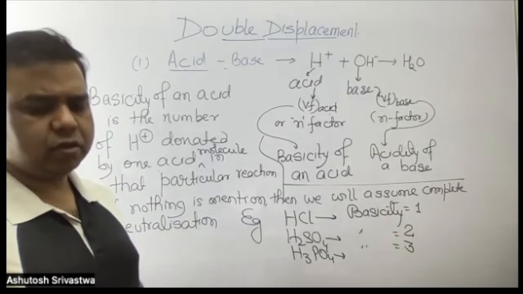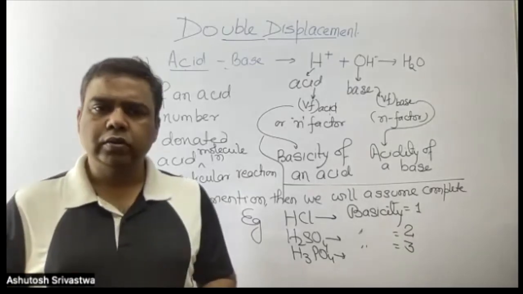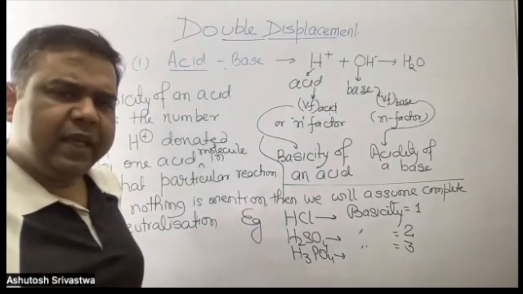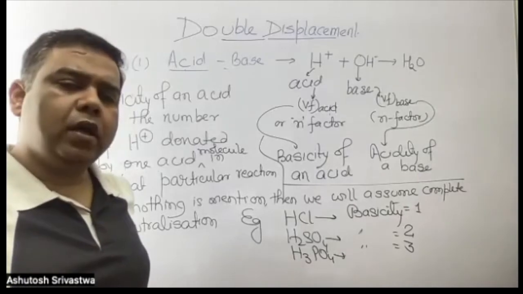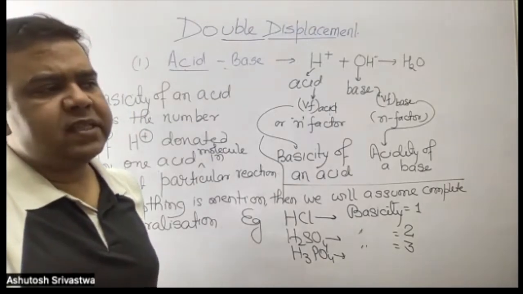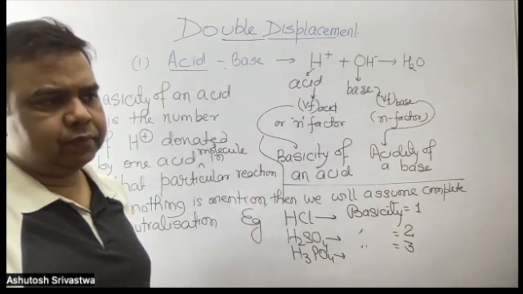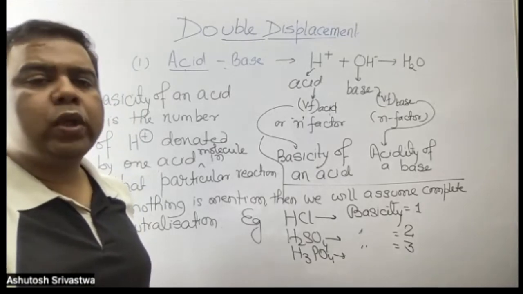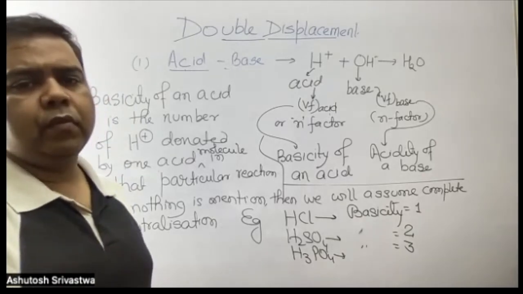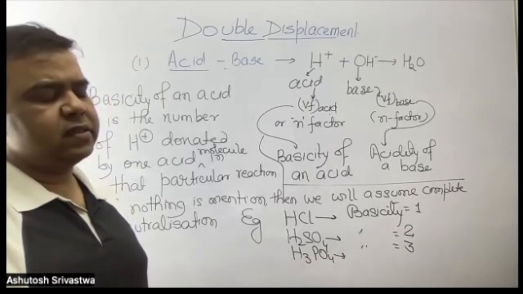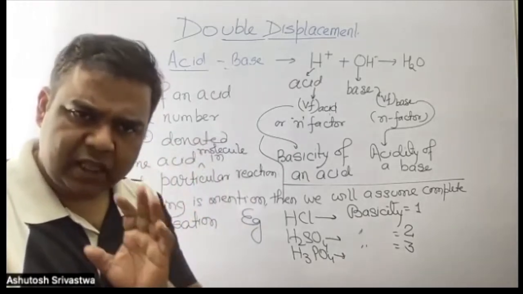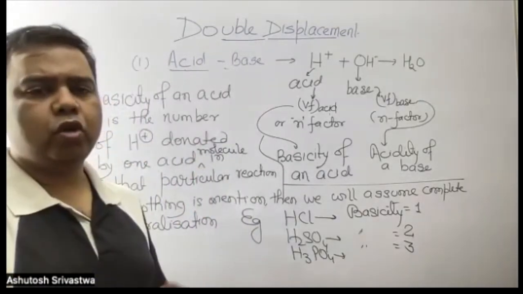But there are some problems also. Let's write one question. Do we mean that the basicity of an acid is equal to the number of hydrogen atoms present in the molecule?